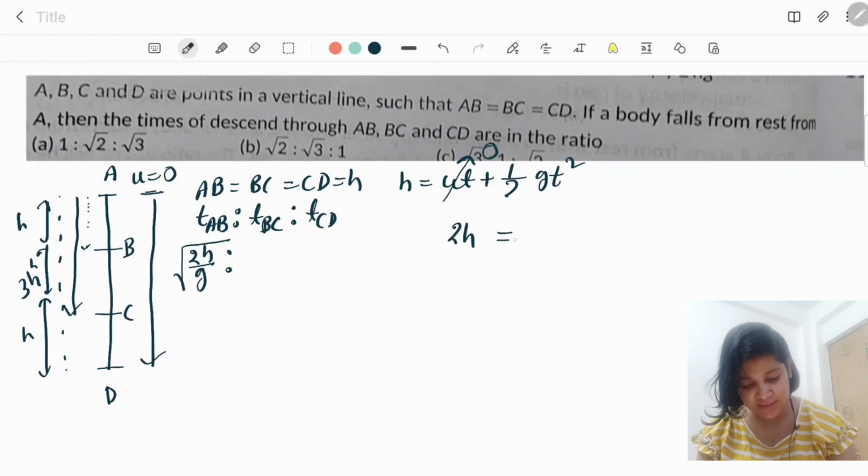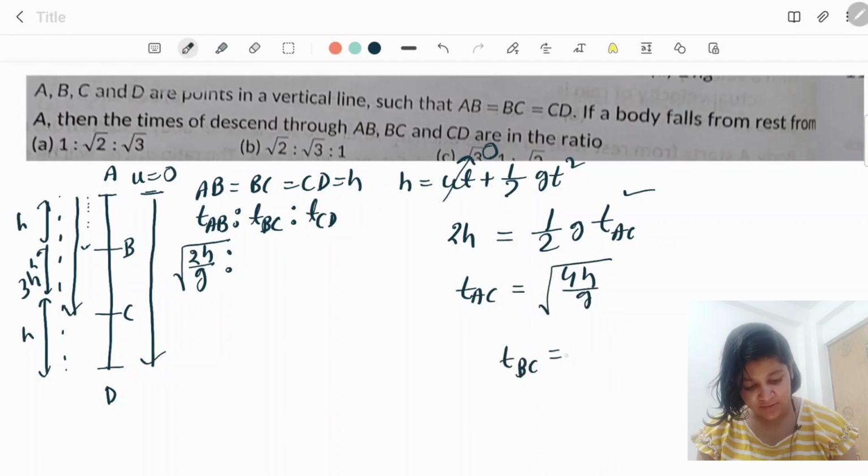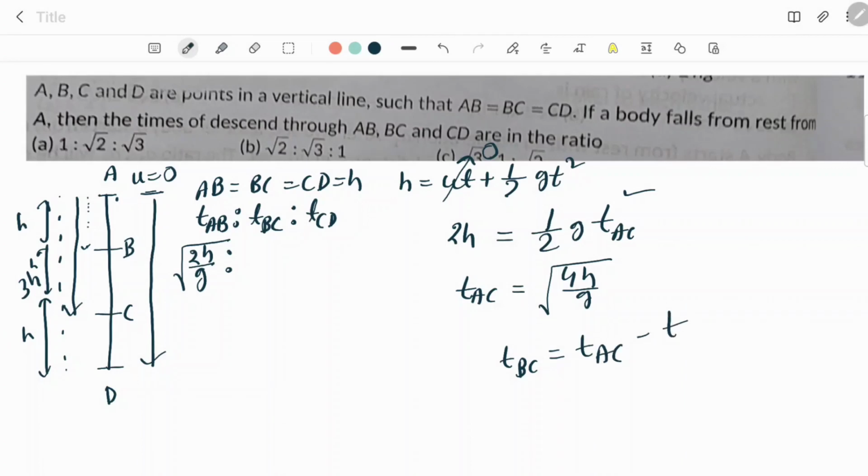From A to C, the distance is 2h, equal to half g t AC whole square. So t, the time taken in going from A to C, now becomes root over 4h by g. So how can we deduce the time taken in going from B to C? It is simply the time taken in going from A to C minus the time taken in going from A to B. Is it not so? So this becomes root over 4h by g minus root over 2h by g.